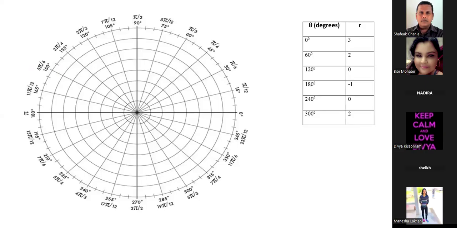So on this table here, we have the degree and we have the radius, and this is what we call a polar grid, right? Now, you see it has both radians and degree. Because this table was done in degree, we'll plot it in degree. So here you'll have 1, here you'll have 2, and here we'll have 3.